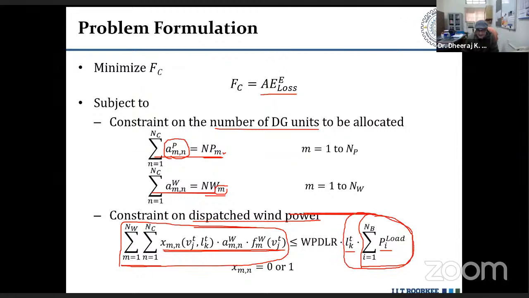This is the base case load, and we are considering the load level, so to consider that, we have this variable. So this is representing the total load in the system at a particular instant. Now the total active power injection by wind is restricted to a certain fraction of the total load of the system. This is due to stability consideration.